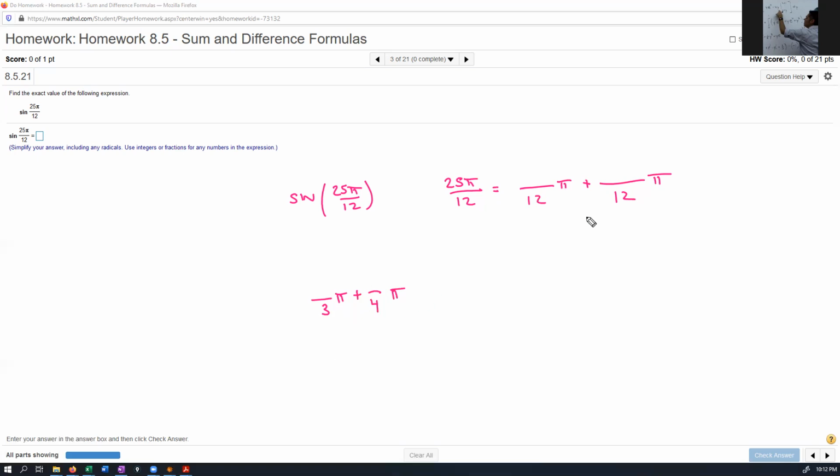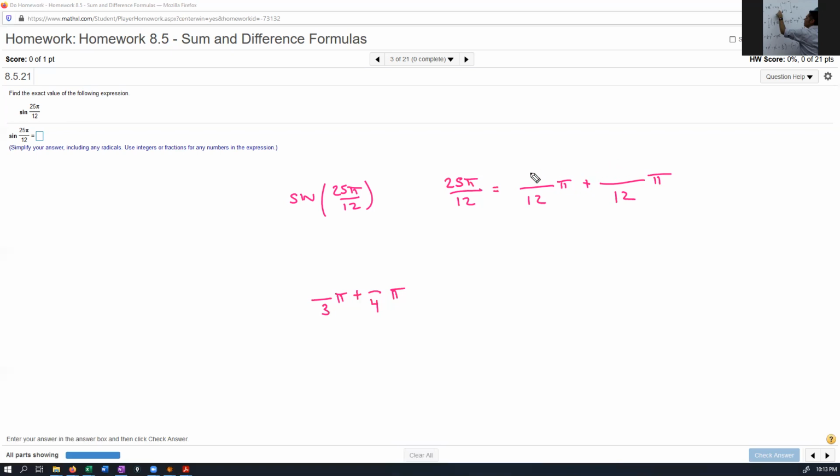We could have a 4 up here, but that would make this 21, and that's not something we know. We could have an 8 up here, but then that would be 17, and that's not something we know. So let's go with another multiple of 4: 4, 8, 12. We could try 12 here, but then that's 13. That's not going to work.